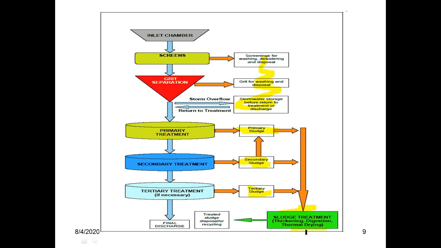The sludge is treated. Then this treated sludge, we can dispose of or recycle as a fertilizer, or if it contains toxic material or heavy metals, then we have to find a proper method to discharge the treated sludge.